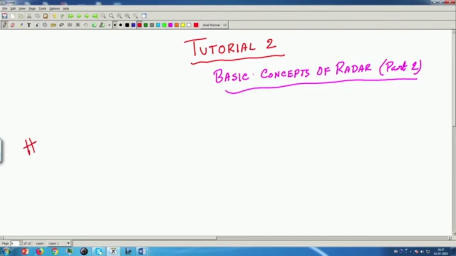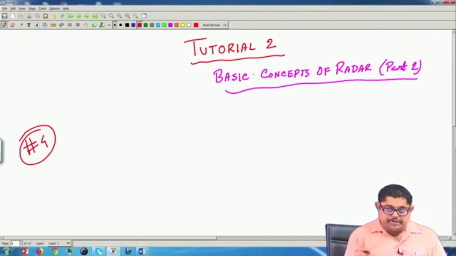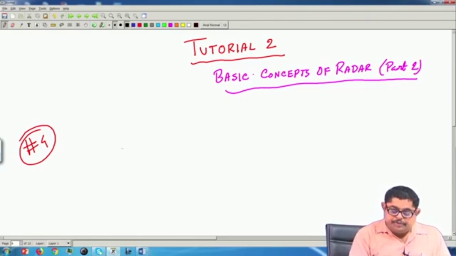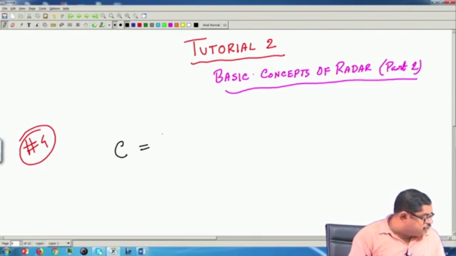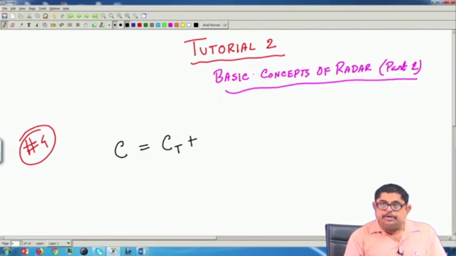So, I am writing this is problem 4, and so since it is a question of cost, let us say the total cost, I am breaking into 3 parts as suggested by the problem, the cost of transmitter plus cost of antenna plus cost of receiver.